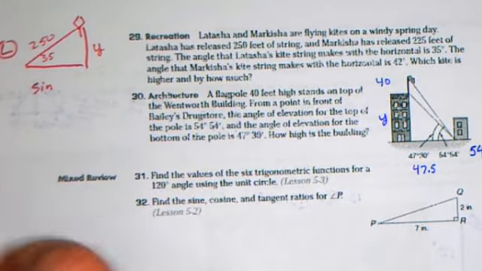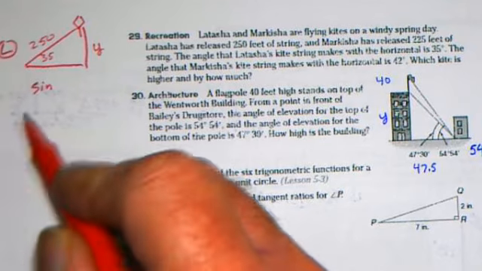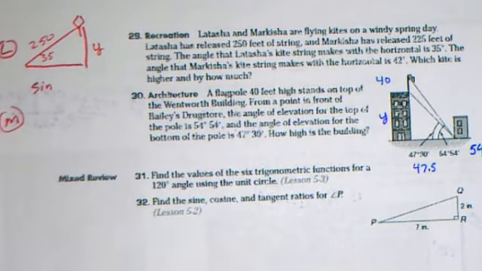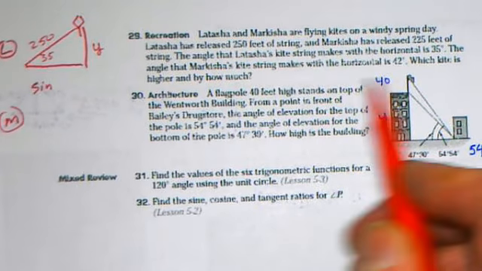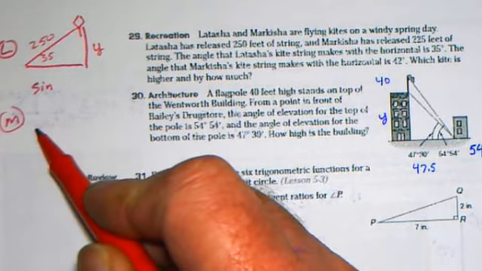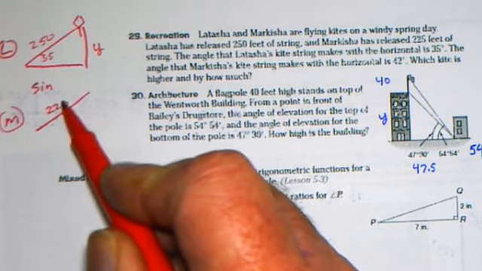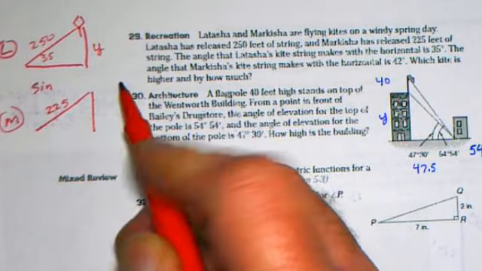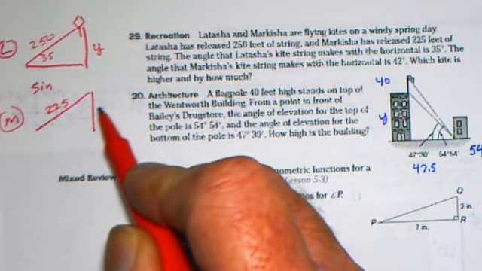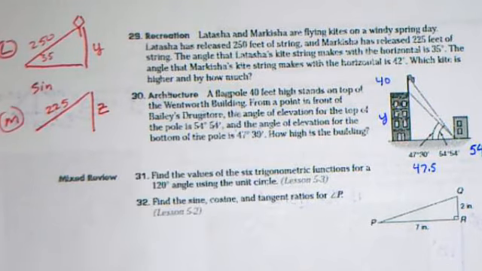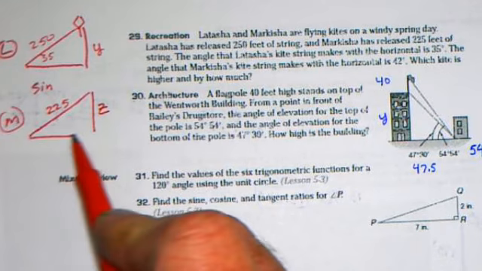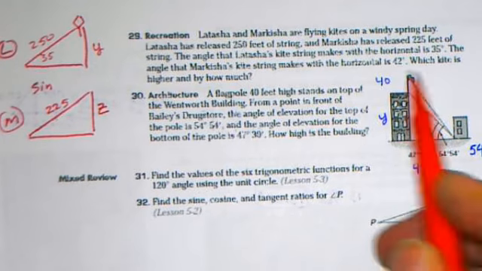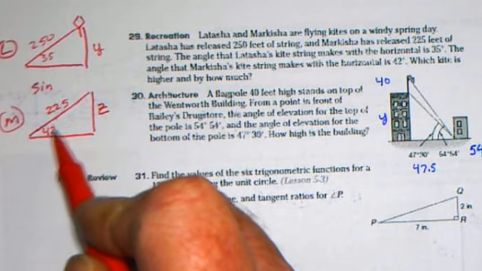Let's look at Markeisha's. So for Markeisha's kite, she's played out 225 feet of string. We'll call her kite Z for its height. The angle that her string makes with the ground is 42 degrees.